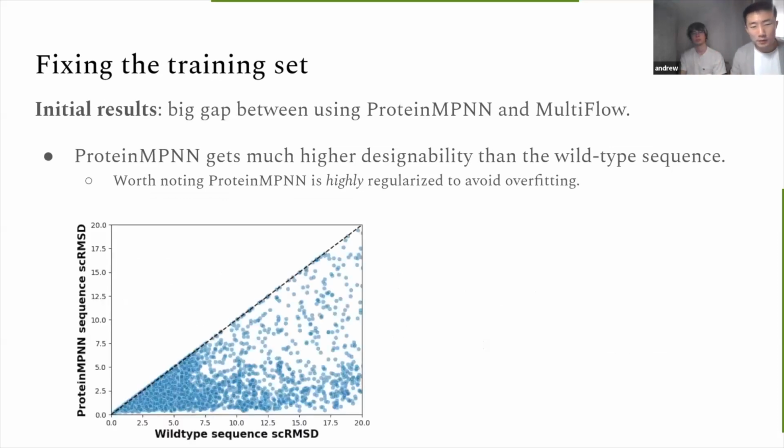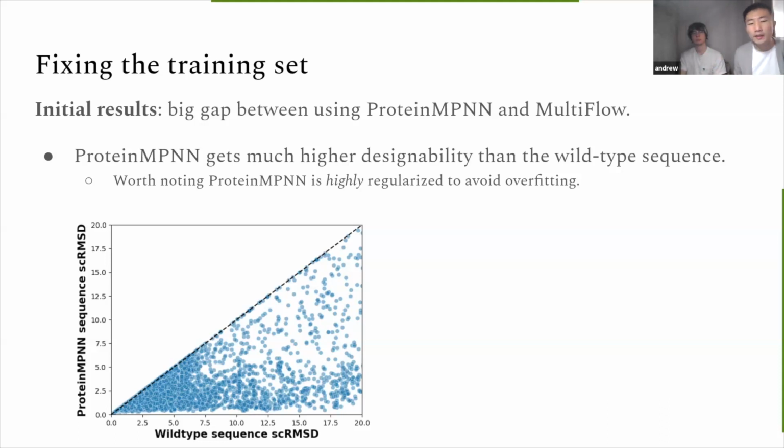So we took our whole data set, ran ProteinMPNN, and calculated the designability, the scRMSD metric. You can see a big shift to the bottom right, which shows that ProteinMPNN sequences have much better designability than the wild type sequences from the PDB.